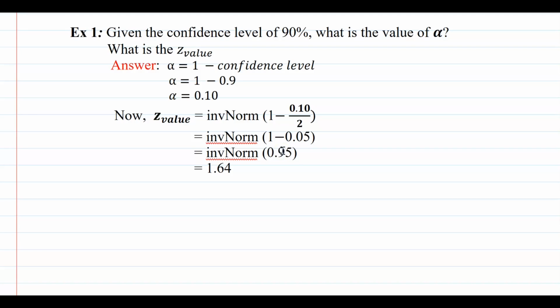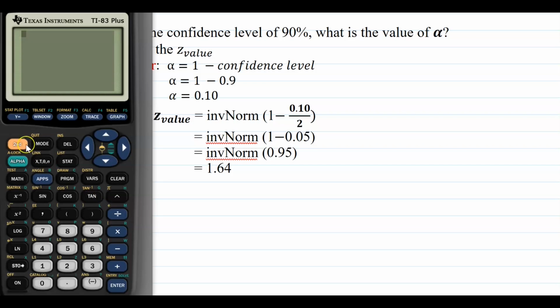Let me show you how to find this value. In our calculator, we will use the second function distribution and select the third option, inverse normal. Press enter and then type in the number 0.95. So for inverse normal 0.95, the value of Z is 1.64.